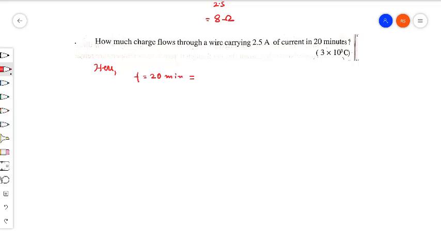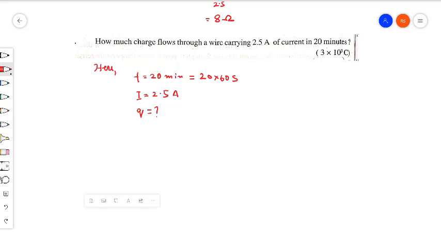We need it in seconds, so 20 into 60 seconds. Current is 2.5 ampere. Now the question is, what is the charge flowing through it?